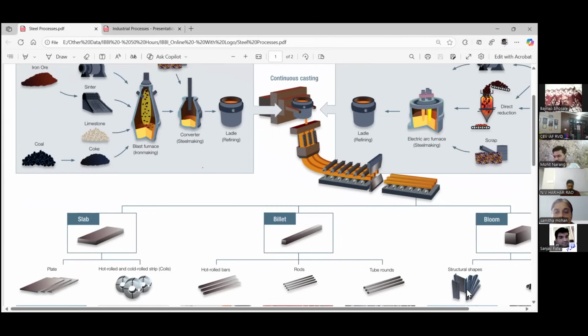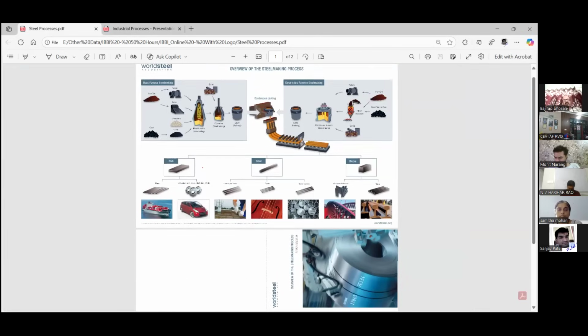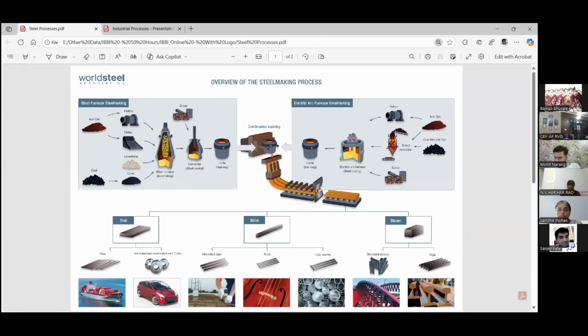From the bloom, we are making structural steel and structural shapes. Okay. This is the outcome from the induction furnace, called pig iron.